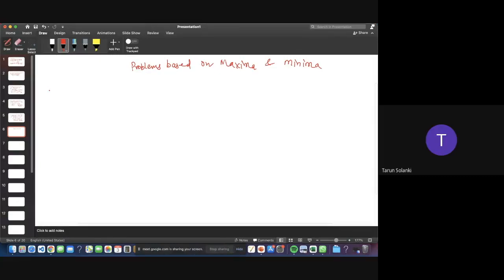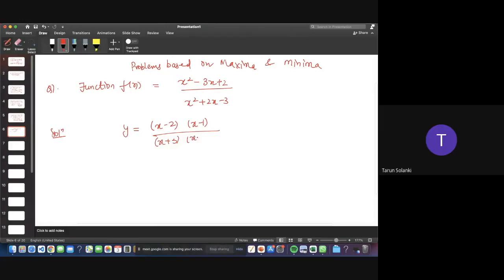So the question is: given the function f(x) = (x² − 3x + 2)/(x² + 2x − 3). Solving, the function y = (x − 2)(x − 1)/((x + 3)(x − 1)), which equals (x − 2)/(x + 3).